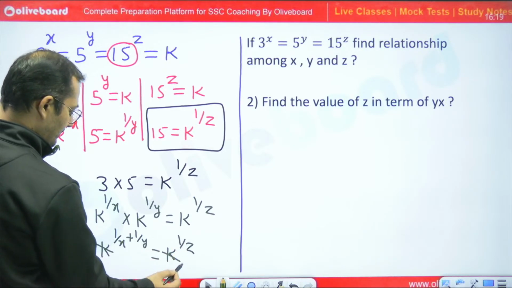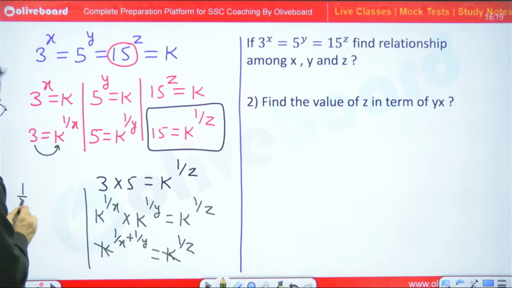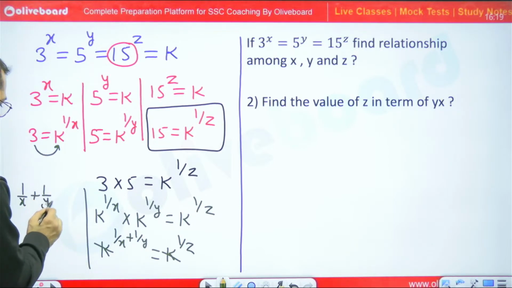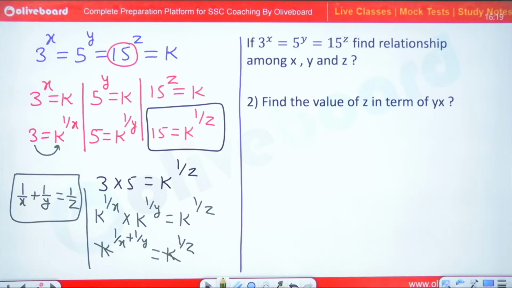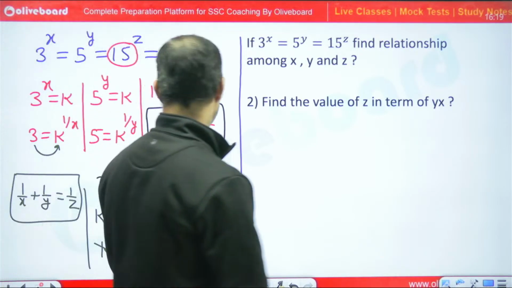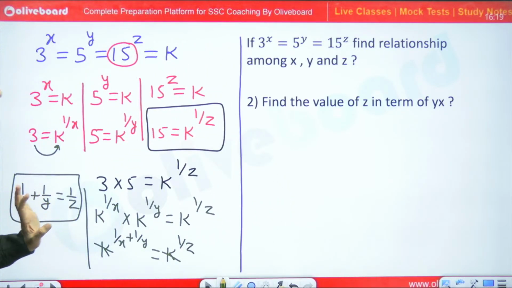The base is same, so it will be cancelled. So directly we can say that 1 upon x plus 1 upon y is equal to 1 upon z. So this is the relationship between x, y and z, right?